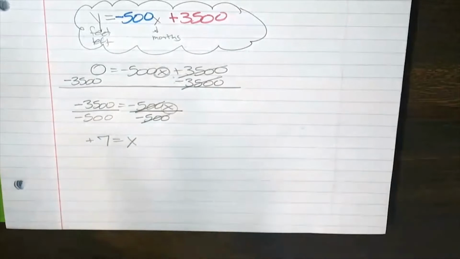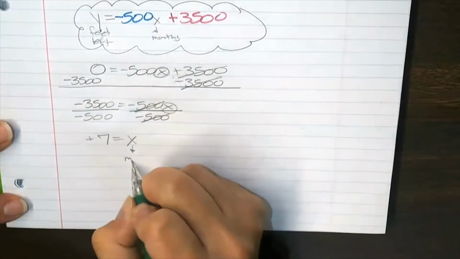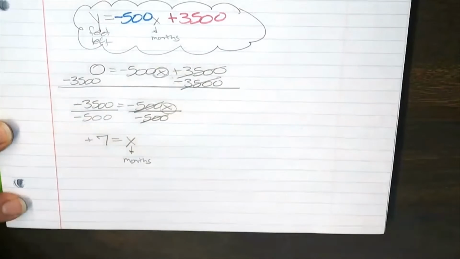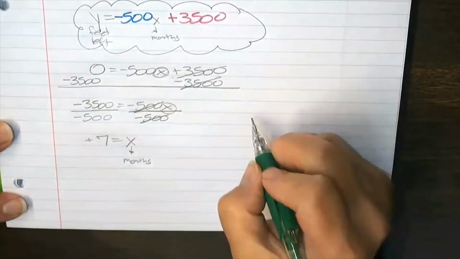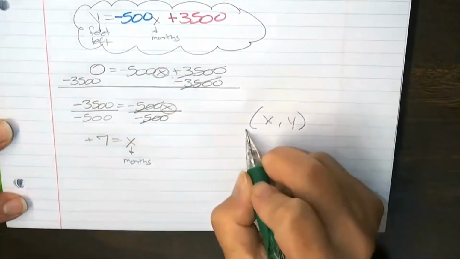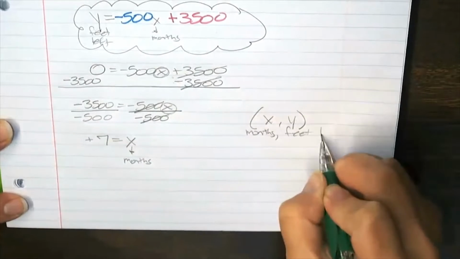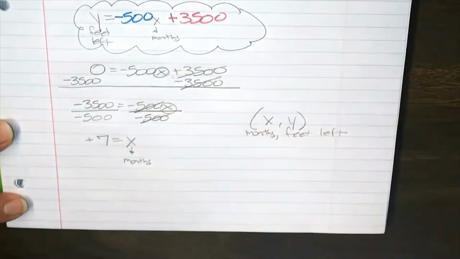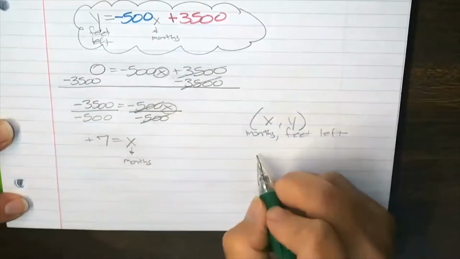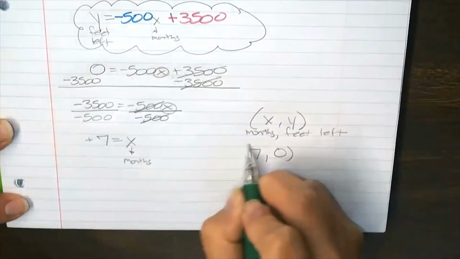We have to remember, what does this mean? Remember, X is months. So we have XY, months, feet left. This is telling me 7 months when my Y was 0.